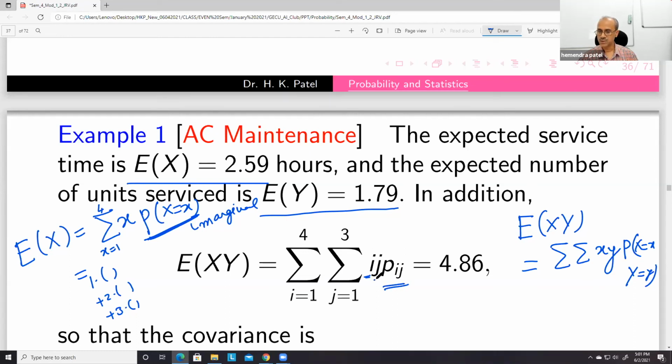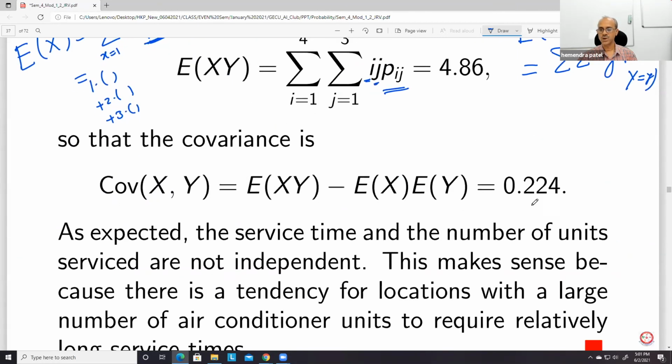This is the x value, this is the y value. The y value is 1 to 3, and the x value is 1 to 4. If you use this, these numbers are there in the table, and you'll get 4.86. So we have obtained E(xy), we have Ex Ey, and therefore we can calculate covariance. Covariance is E(xy) minus Ex into Ey, so that is 0.224.